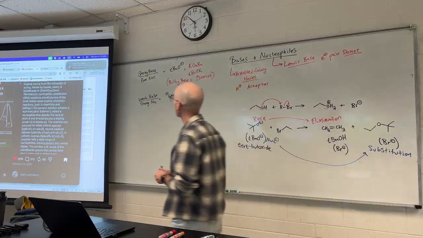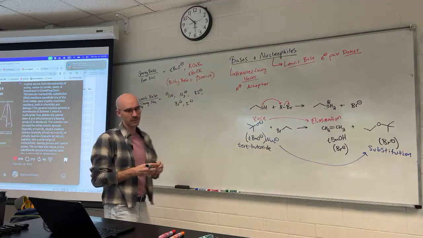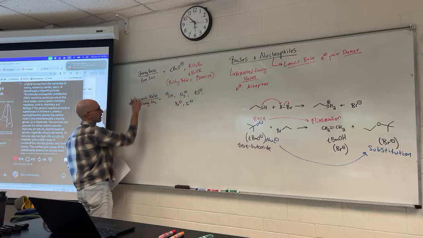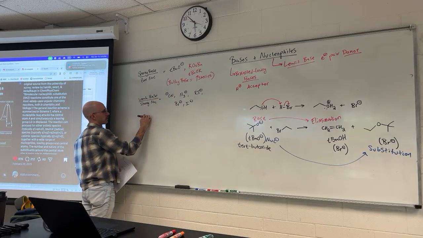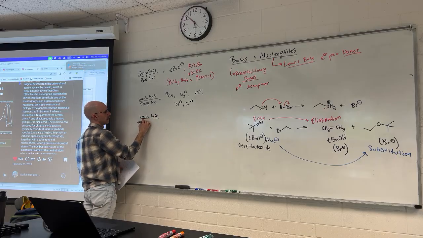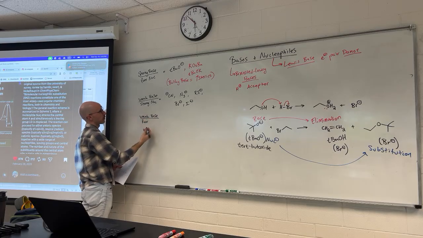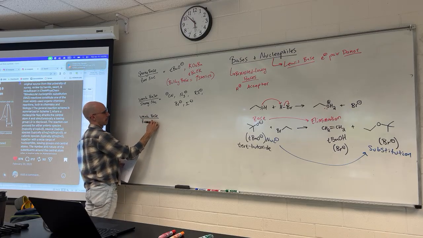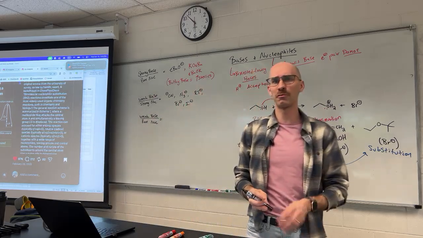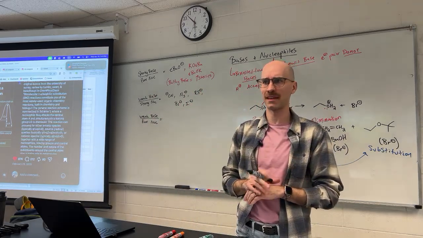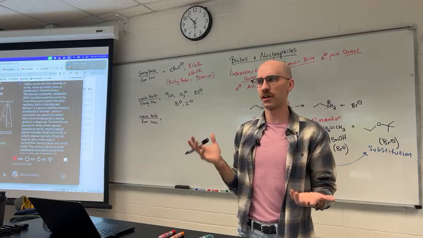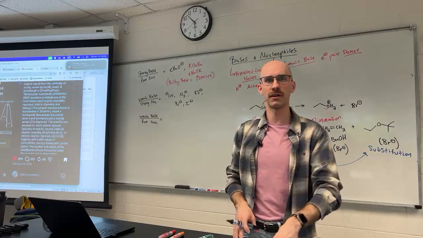Our next group is weak base, weak nucleophile, or weak base, poor nucleophile. I'm sorry, I'm not always very consistent with the way that I differentiate between poor and weak. Yeah, poor and weak are saying the same thing. You could also say strong and good. Those are the same level as well.